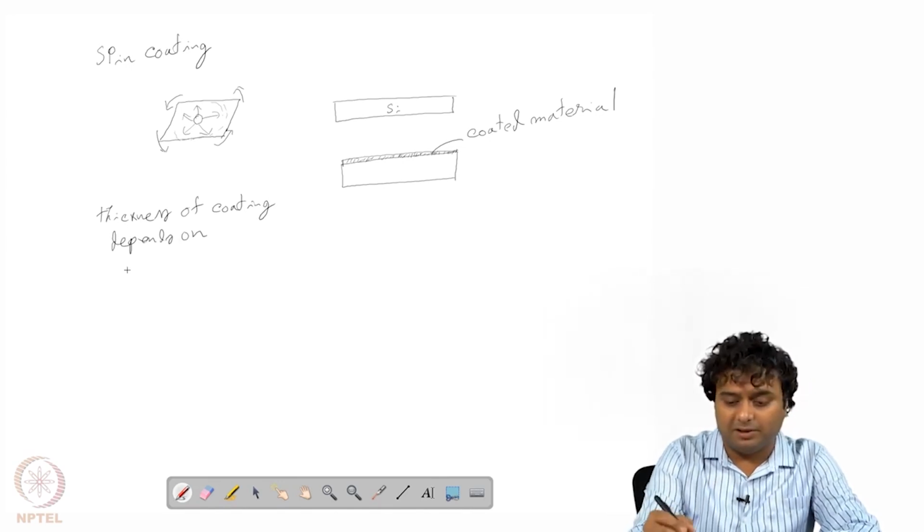There are different parameters. One is the roughness of the sample.